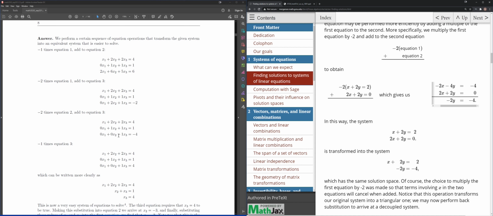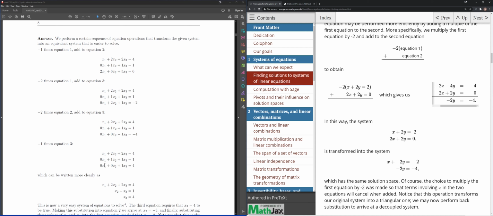I can clean it up a little bit. Here I have -1 x3, and it's nice to have the coefficients in front of these pivot variables positive. So I multiply this equation throughout by -1, and I get x3 is equal to 4.